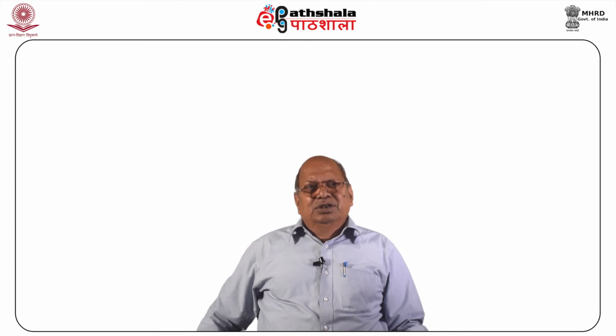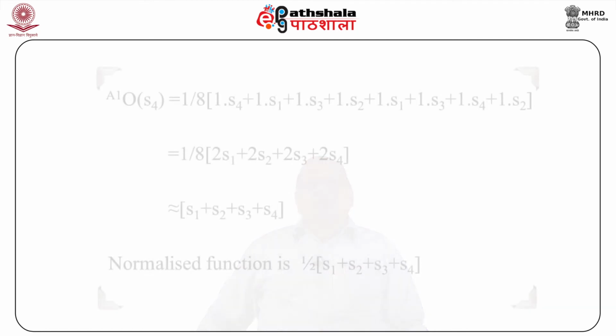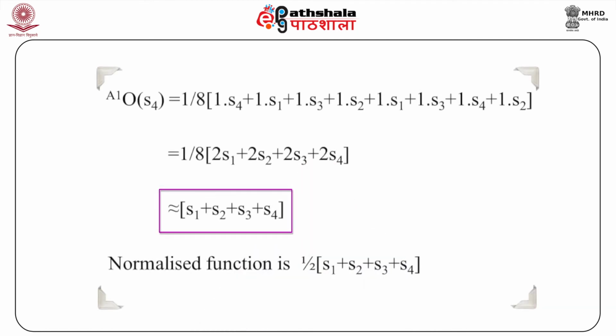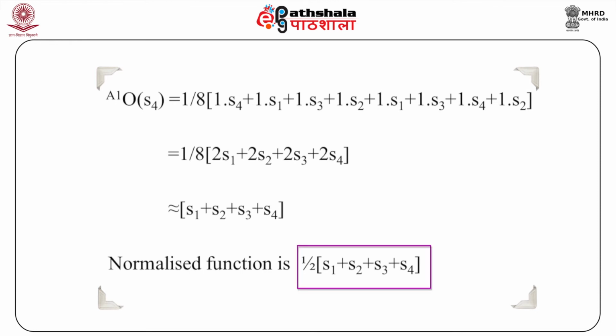These results are summarized in the tables below, and by calculation it shows that one of the SALCs is the same S1 plus S2 plus S3 plus S4 as given in equation 1. Therefore, normalized function is 1 upon 2 S1 plus S2 plus S3 plus S4.